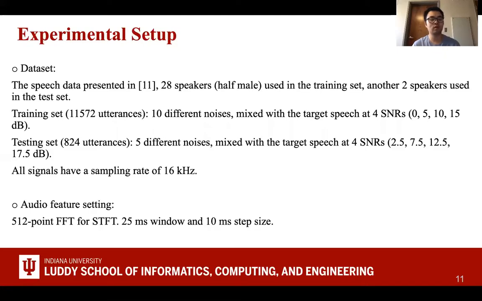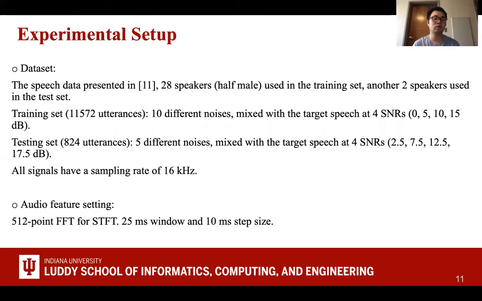In the testing set, there are 824 utterances mixed with 5 different noises at 2.5, 7.5, 12.5, and 17.5 dB SNRs. And all signals have a sampling rate of 16 kilohertz.